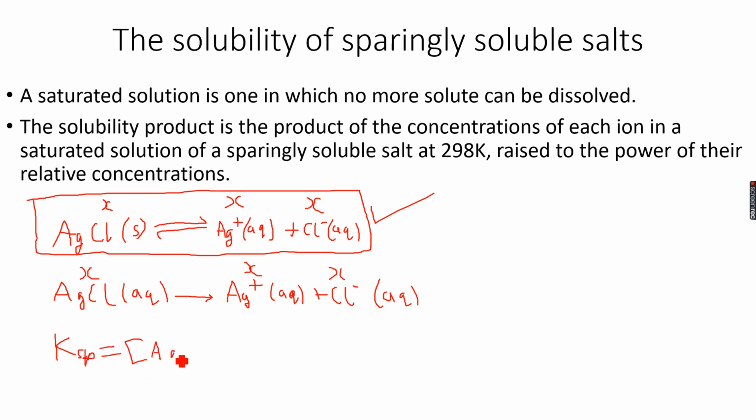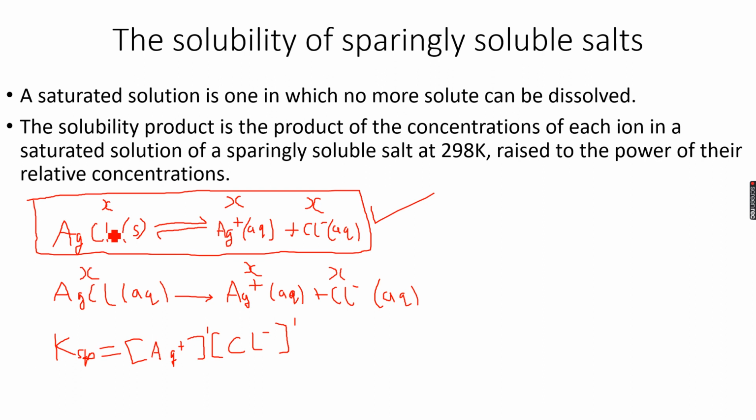In this case, because we have taken AgCl, it is the concentration of Ag plus multiplied by the concentration of Cl negative, and they are raised to the power 1, because the stoichiometric coefficients of both Ag plus and Cl negative are 1. So this is it for Ksp.